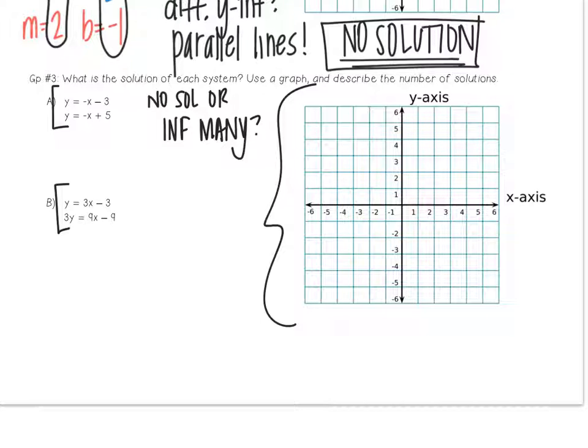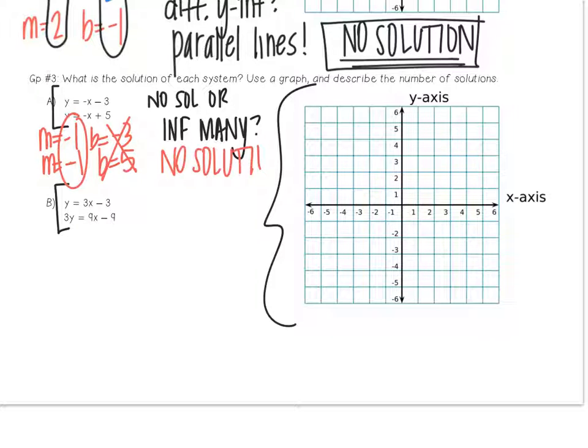Alright, so A, the slope of the top one is -1. Y-intercept is -3. The slope of the bottom one is -1, and the y-intercept is 5. Slopes are the same, y-intercepts are different, which means these are parallel lines, so the answer to this one is no solution.